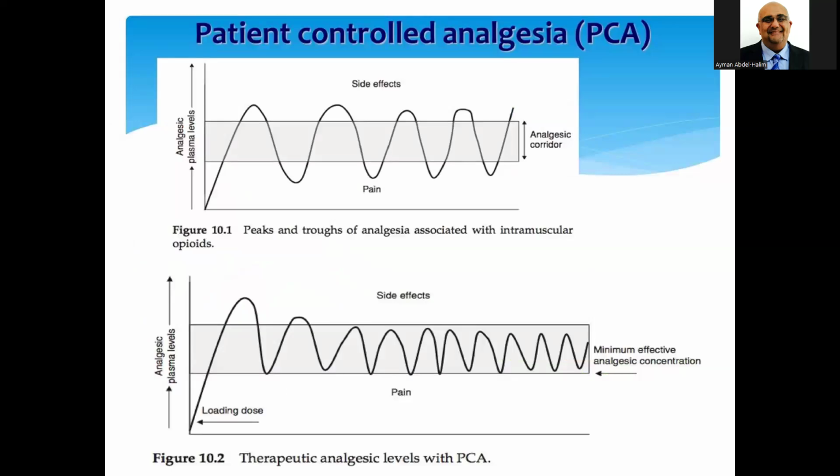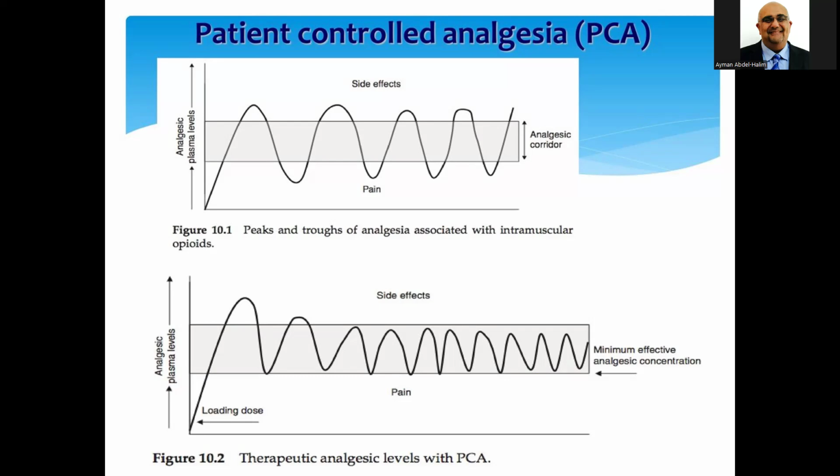Okay, so why do we use what we call patient-controlled analgesia? As you see from these pictures, the peaks and troughs of analgesia that are associated with intramuscular opioids, compared to doing an IV PCA.